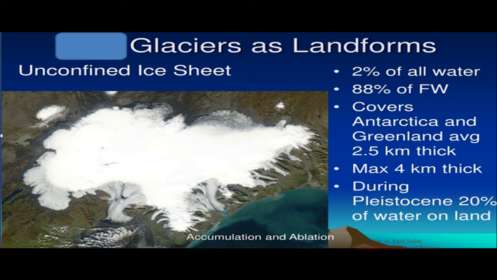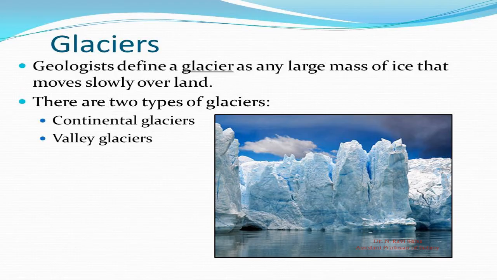Glaciers are the ice that creeps out in all directions from the central dome. And these ice creeps are called glaciers. Of course, the peaks of the loftier mountains project above the surface as nunataks.